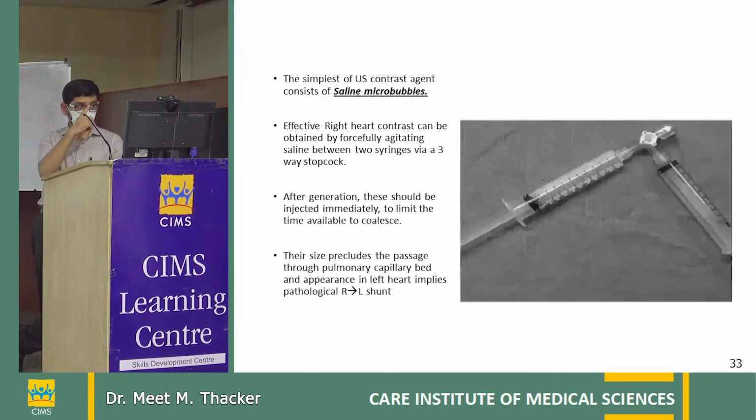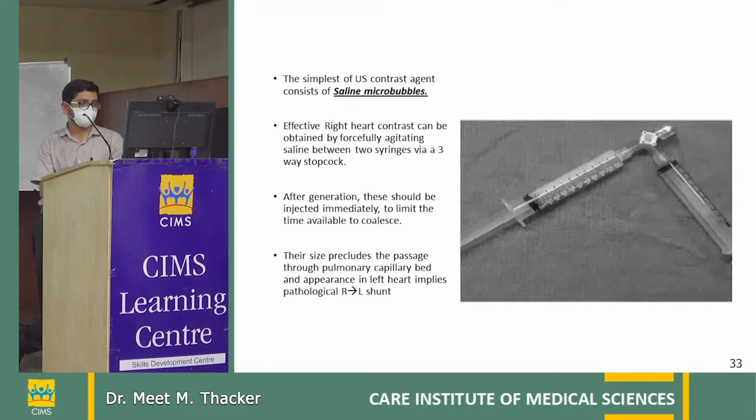The simplest ultrasound contrast is the agitated saline or the saline microbubbles. The simplest way is using a 3-way stopcock and two syringes. Say this 10 cc syringe filled with 9.5 cc of saline and 0.5 cc of air. When it is agitated between the two syringes, it will create microbubbles, and when they are rapidly injected into the vein, they will appear on the right side.